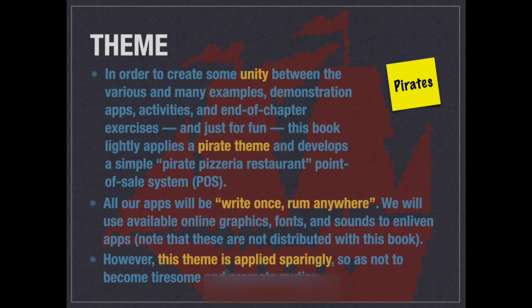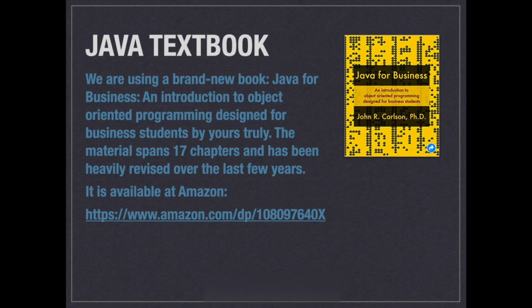I thought it would be nicer if all of the examples at least complied with a common theme that was fun. So I picked pirates, and I try not to overdo it, to the extent that it becomes tiresome.